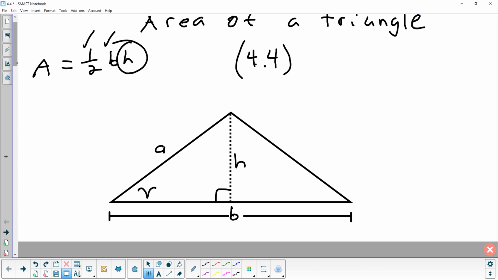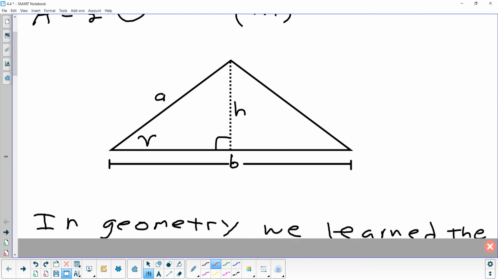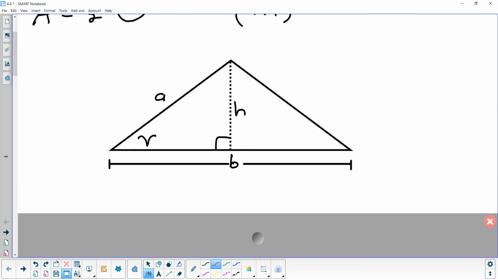All right, so let's take a look at what we're going to use here. I have a right triangle right here. I'll draw it in a different color so you can see it. Let's focus on using those 3 things.